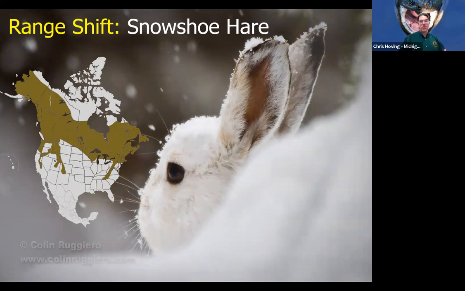Obviously, you don't get a lot of snowfall to the south, but as you get up towards northern Alaska and northern Canada, snowfall really drops off because it's a drier climate up there. This research is focused in Wisconsin, but the findings could be applied throughout the snowshoe hare range.